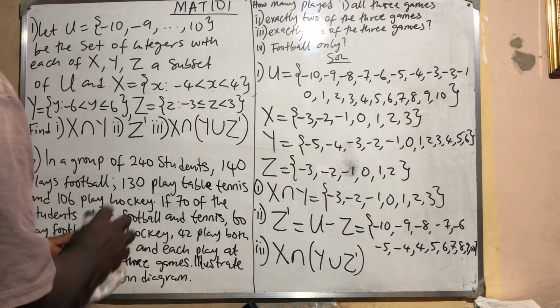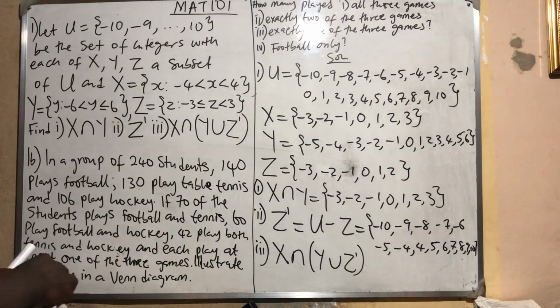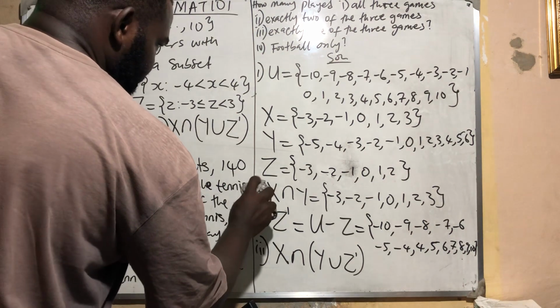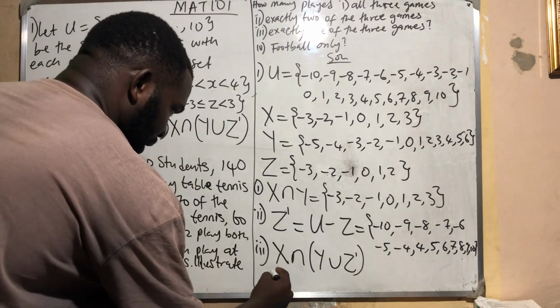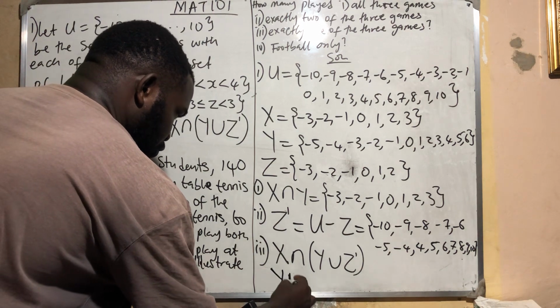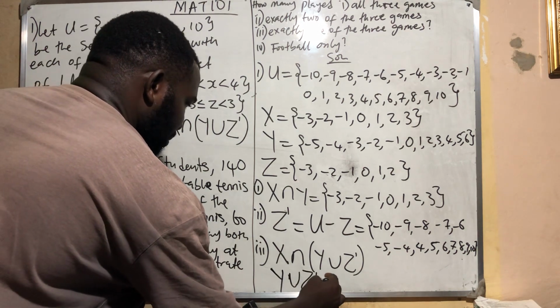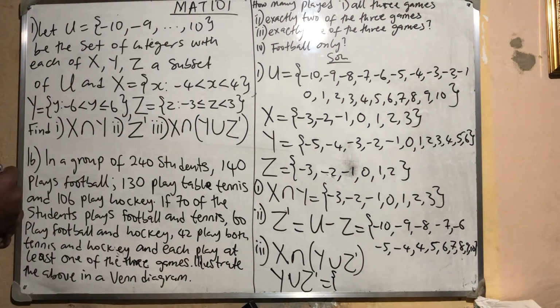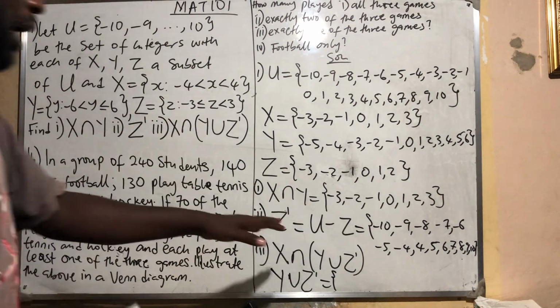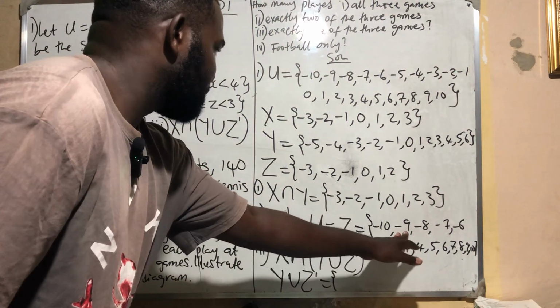Y union z complement. Please, union means to unite them, to bring them together, but don't repeat any element. So I'm uniting this one with my y.